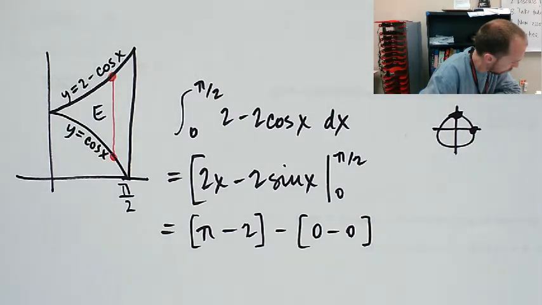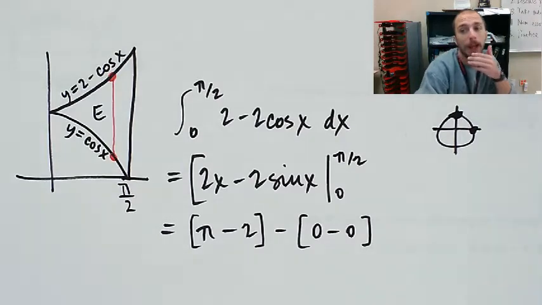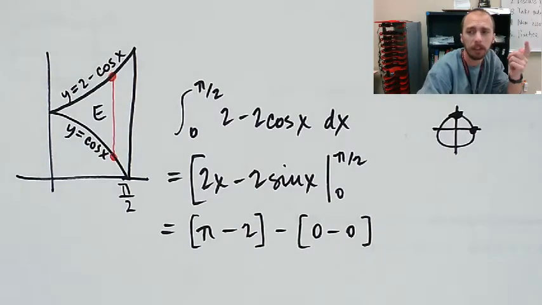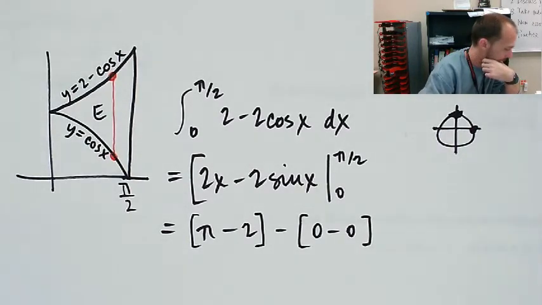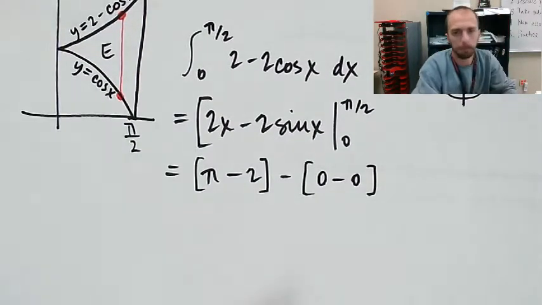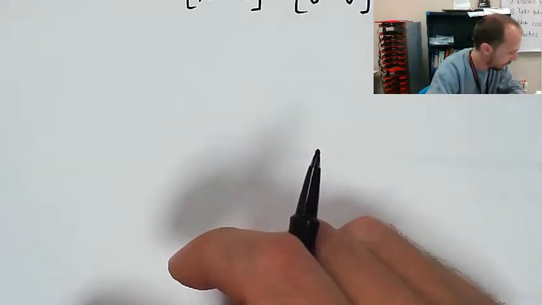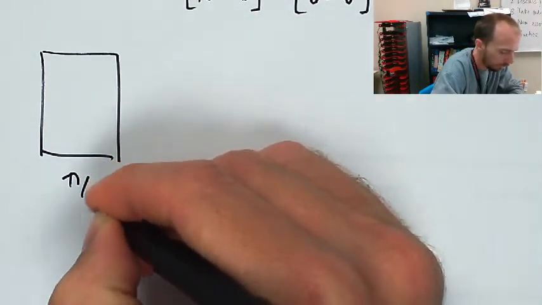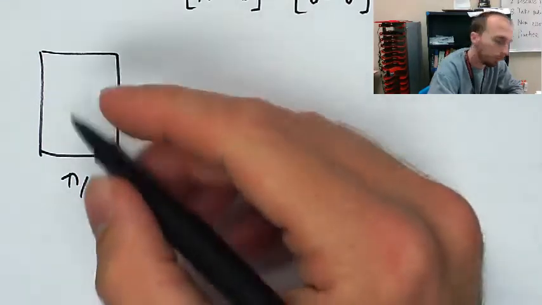Okay, find the sum of the areas of regions D and F without a calculator. Well, I feel like already knowing region E, the sum of regions D and F is going to be the area of the rectangle minus E. Okay, I think that's what I'm going to do. The sum of areas D and F is going to be, well, this whole thing has a width of pi over 2 and a height of 2.